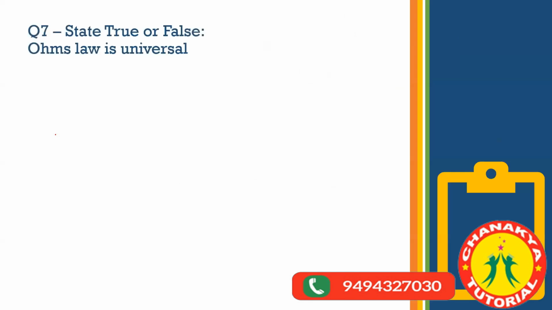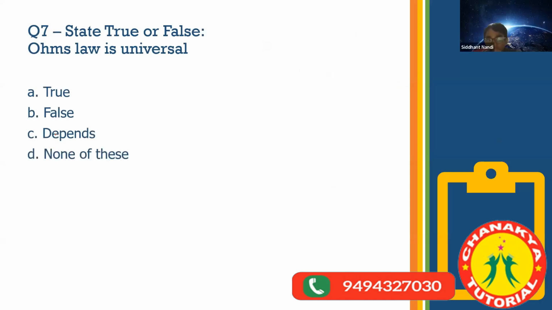Okay, next question. State true or false: Ohm's law is universal. Option A, true. Option B, false. Option C, depends. Option D, none of these. What do you mean by depends? Leave this, it's for confusing you. What do you mean by universal?